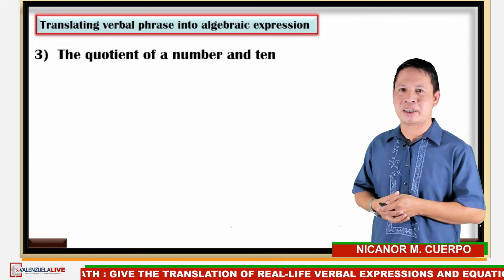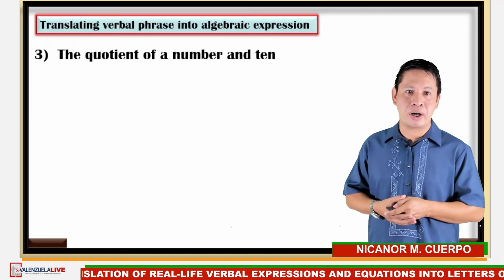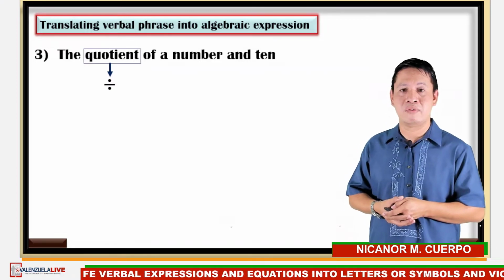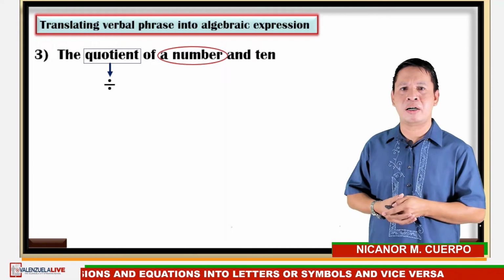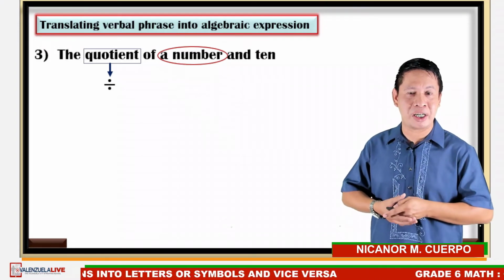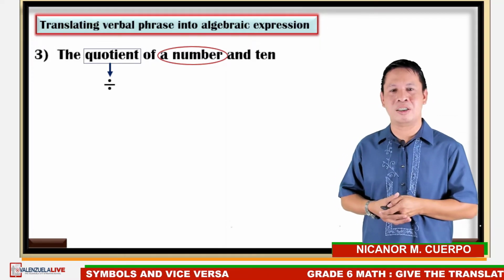For our third example, the quotient of a number and 10. Now, quotient means divide. A number, we're going to represent using a variable. Remember, variables are any letters that represent a number.